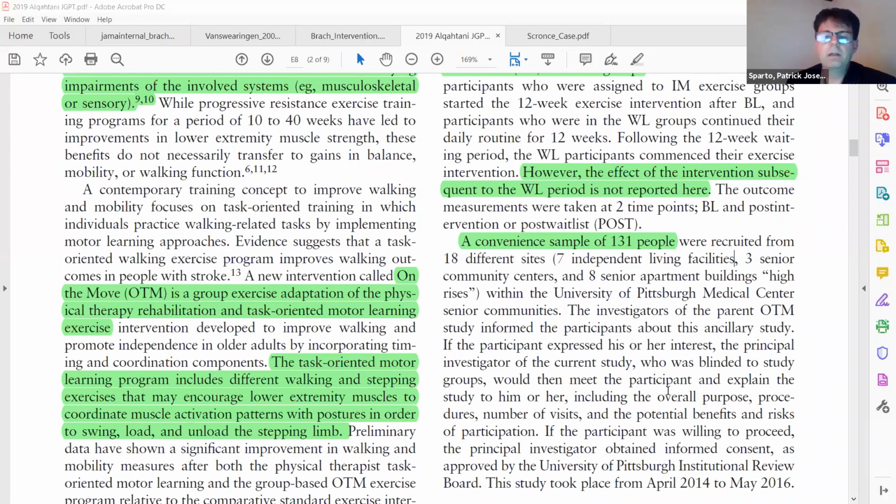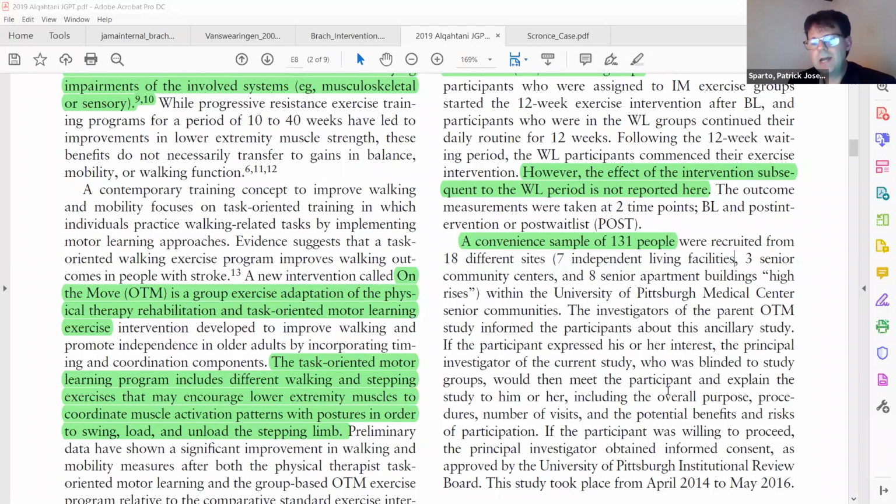In this particular study, there were 18 different sites: 7 independent living facilities, 3 senior community centers, and 8 senior apartment buildings or high rises. So this set of 18 sites was pulled from the 32 sites in the whole study.